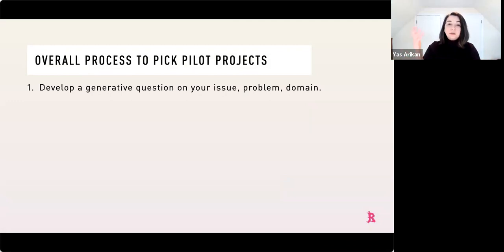Basically, what is it that you are trying to improve or create? And it's not just coming up with a topic, but formulating a fruitful, productive question on that thing you're trying to create. This is the step we're going to dive into today, having you apply the step to your own issue or question or the thing you want to create. The creating thing is the Horizon 3 representation. So this is step 1.